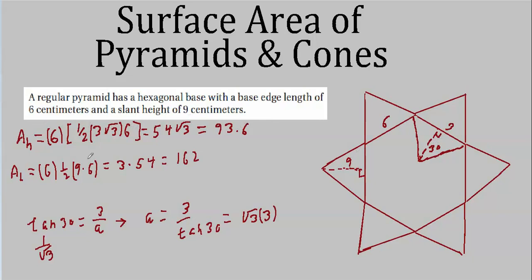And there are 6 of them. We multiply that out, we get 54 times 3, which is 162. So if we add those up, we get the total area, and in the end we get a total area of 255.5. That would be the answer here, 255.5.